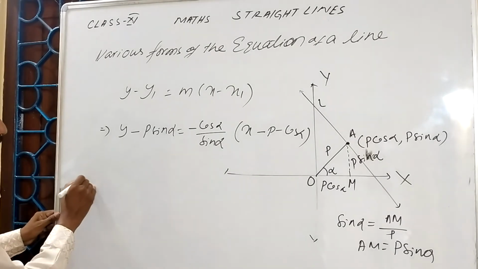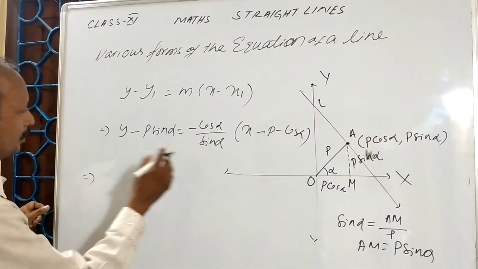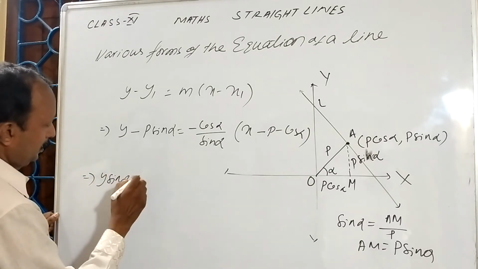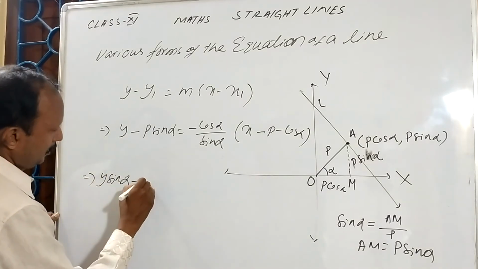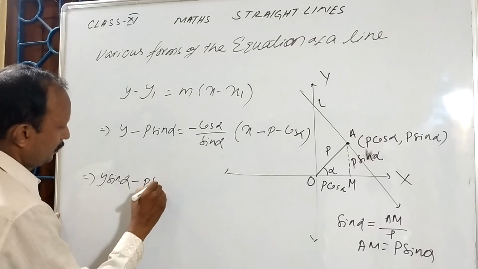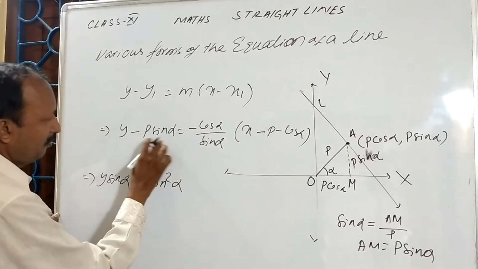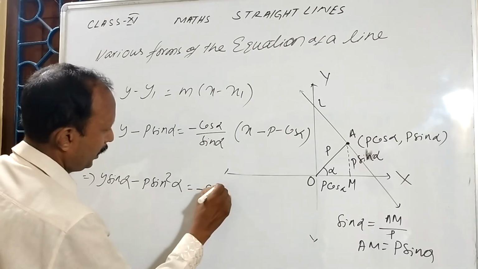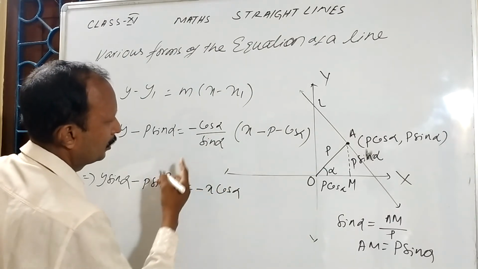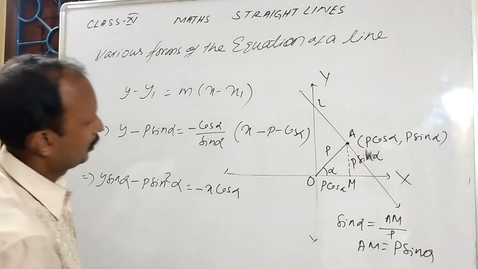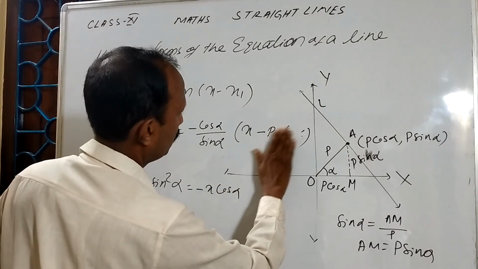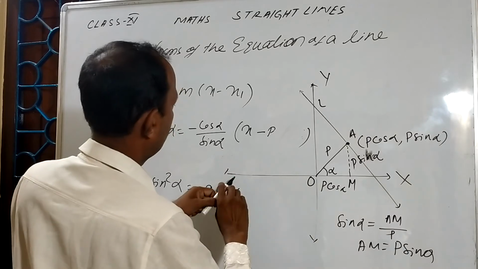So this implies that y into sin alpha minus P sin square alpha is equal to minus x cos alpha plus P cos square alpha.